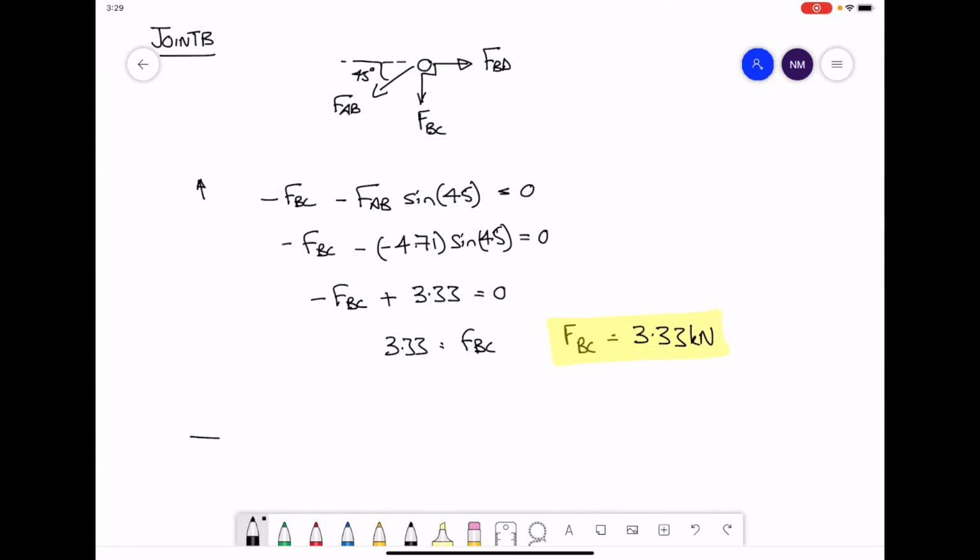Next, doing the horizontal resolve, force BD minus force AB times the cos of the angle, 45 degrees. For equilibrium, they must add up to give you 0.